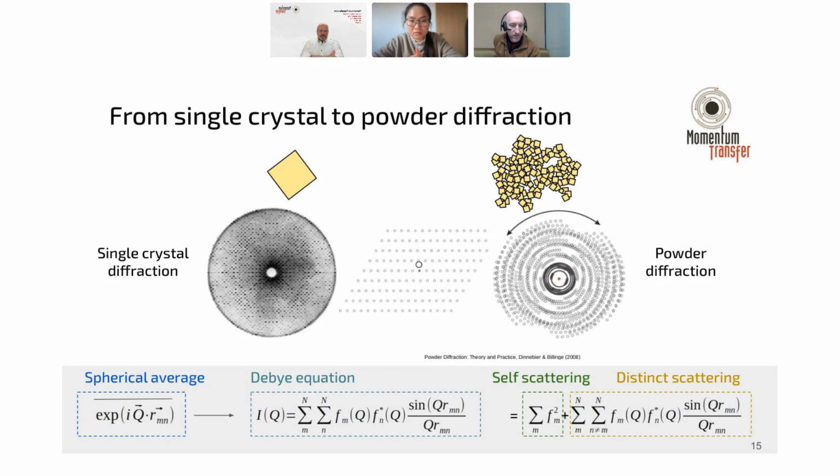Okay, and the point here again is that we can separate out the information that comes from the structure, which is our distinct scattering, and the self-scattering, and now we have a function that is not assuming anything about the periodicity of the system. It's just allowing us to predict what the scattering should look like for a collection of atoms, irrespective of the extent of the matter or the coherence of the structuring.